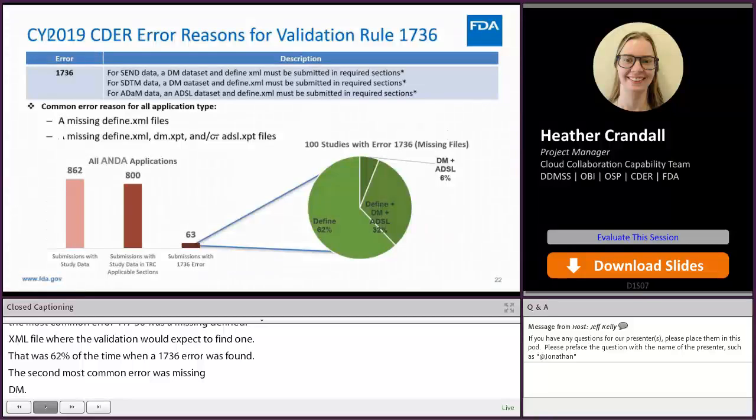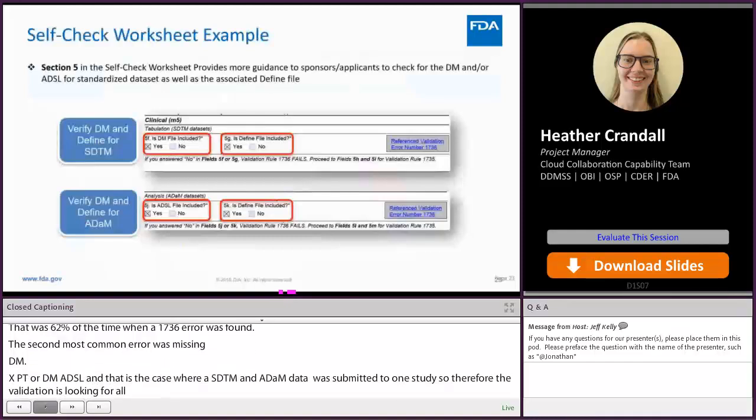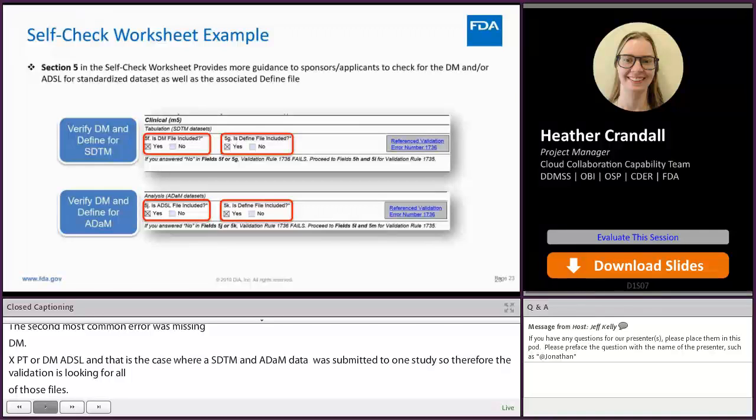So the self-check worksheet covers 1736 by asking, based on whether the applicant indicates that they are submitting tabulation or analysis data, and if they indicate that standardized data sets are expected for the study, the self-check worksheet will populate questions based on having tabulation and/or analysis data present in your study.